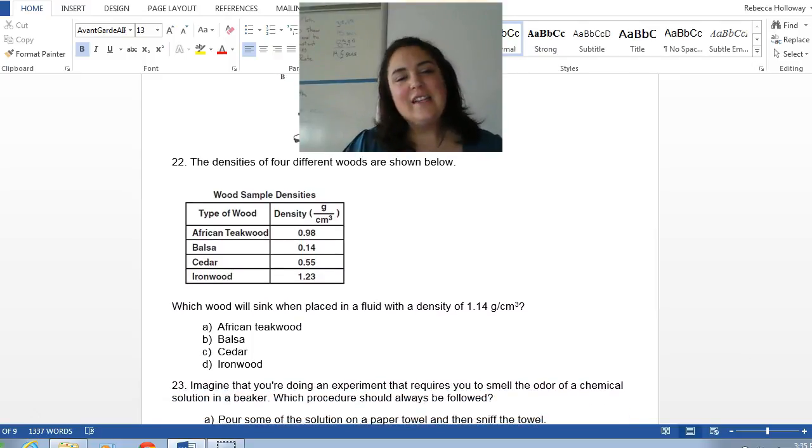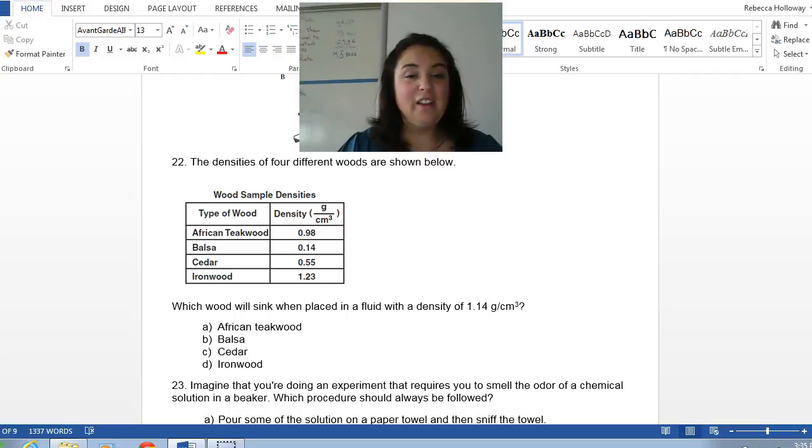22. The densities of 4 different woods are shown below. Wood sample densities. Type of wood, density in grams per centimeter cubed. African teakwood, 0.98. Balsa, 0.14. Cedar, 0.55.